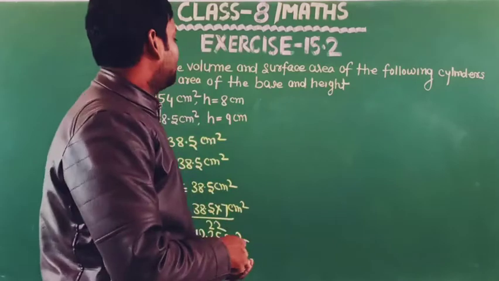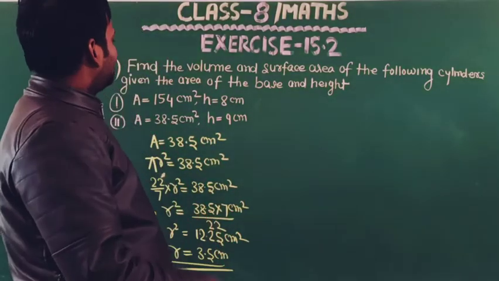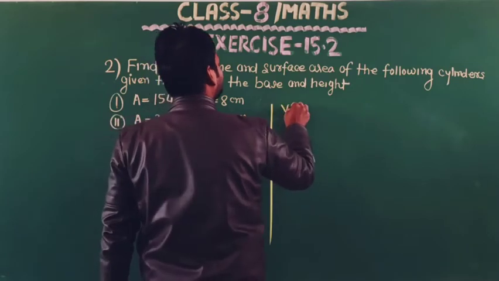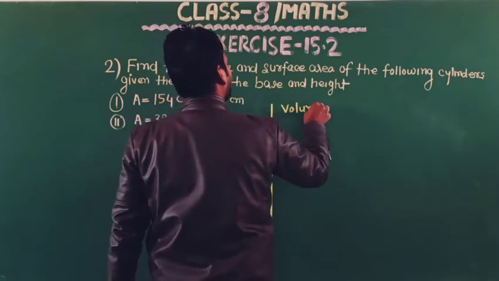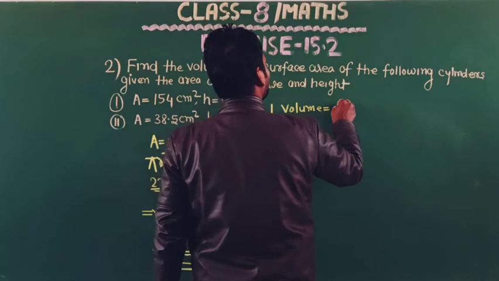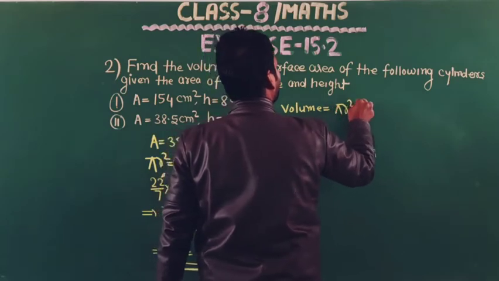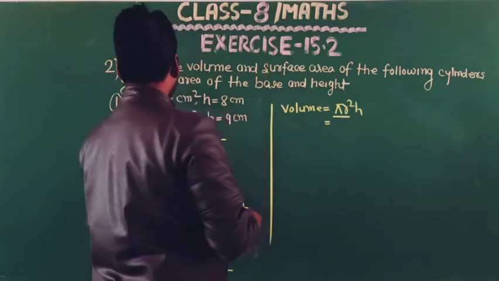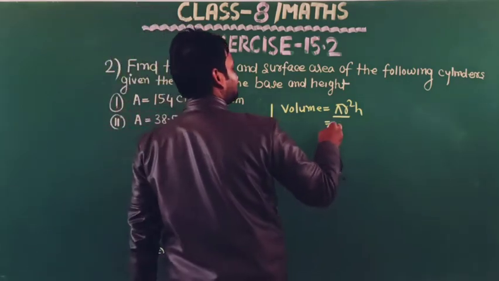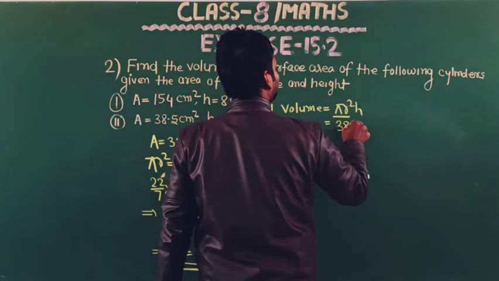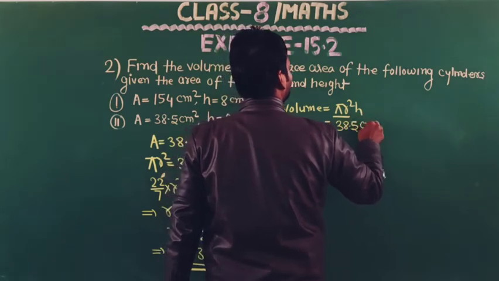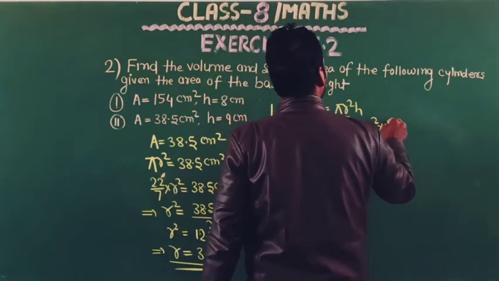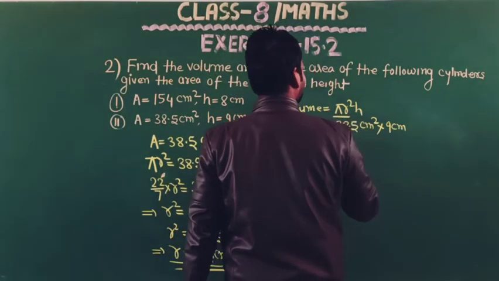Then we have to find the volume. Volume of the cylinder equals pi r square h. Here pi r square is 38.5 centimeter square, and height is given to us as 9 centimeter.